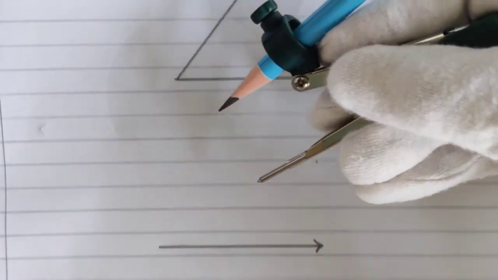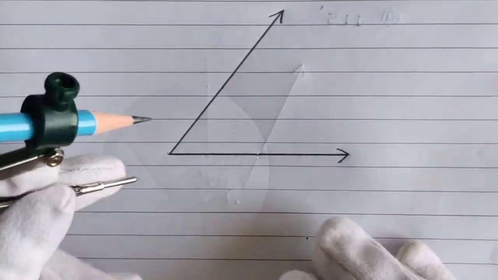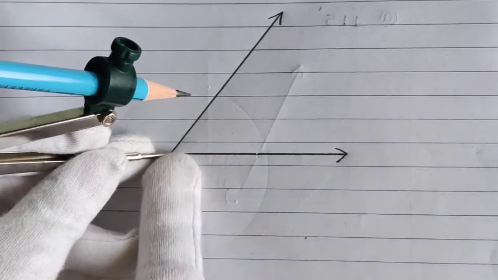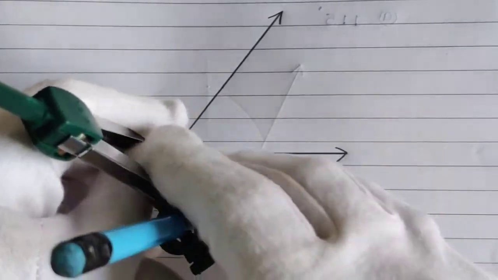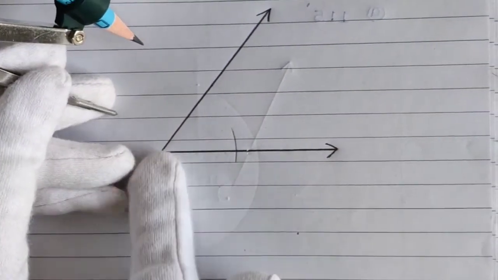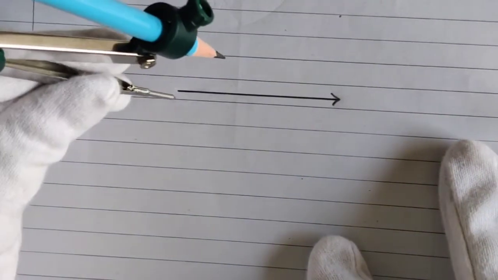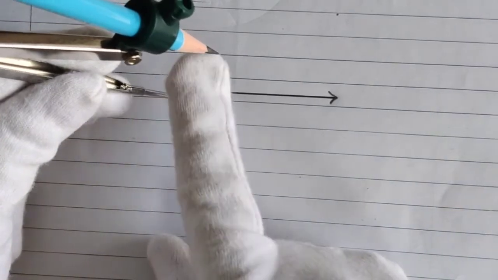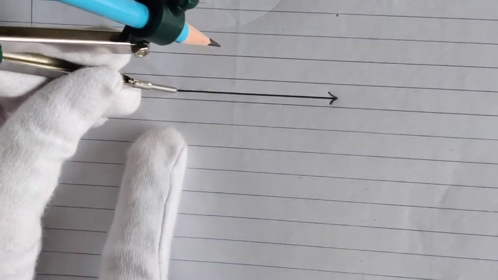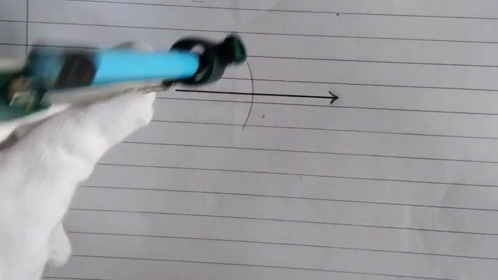Now without changing anything, okay, we can do one thing. You can make use of the vertex and first of all cut the given angle's arm. Right, now this I had done. So first of all, without changing the measurement of the compass, you will put the pointer on the drawn arm which you have drawn, and then you are going to cut it.